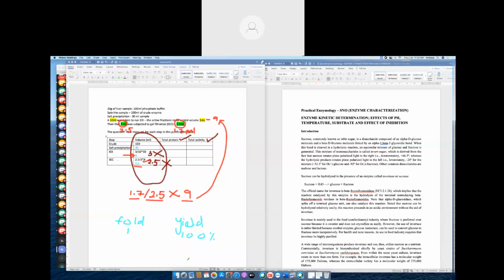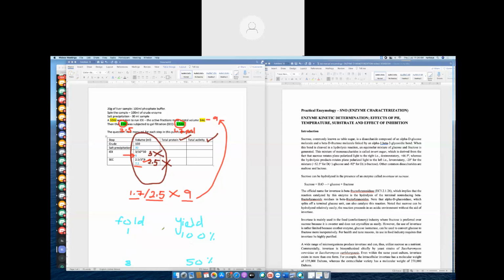The yield might be like 50%. Yeah, possible, because we have salt precipitation, IEX, and then the final one, maybe the result gives you like 50% yield, and with the fold like 8 fold, possible.